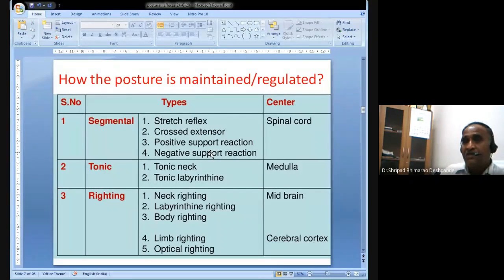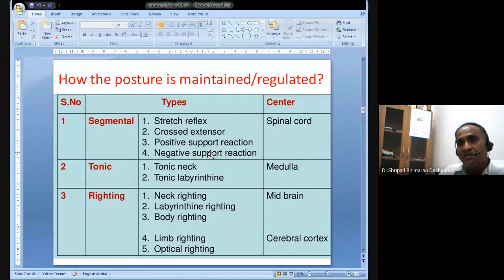Righting means the orientation of the body in space and of its parts in relation to the neck. There is a series of righting reflexes: the neck righting reflex, labyrinthine righting reflex, body righting reflex, limb righting reflex, and optical righting reflex.